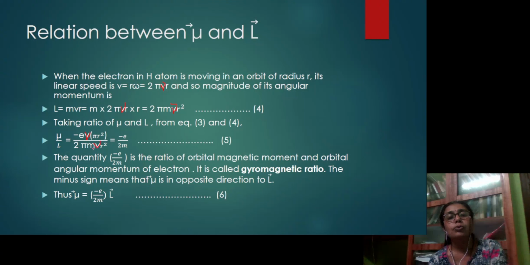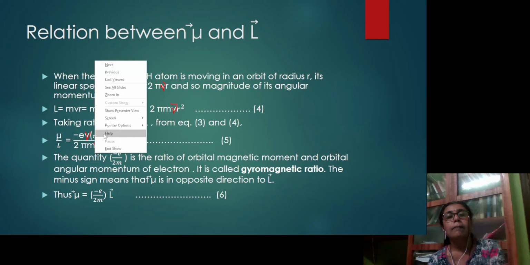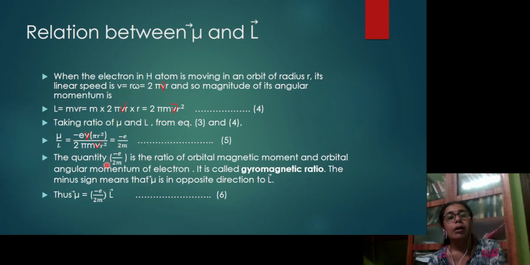So nu will get cancelled, r square will get cancelled, pi will get cancelled. What you have is minus e divided by 2m. So the ratio of orbital magnetic moment to the orbital angular momentum magnitude is minus e divided by 2m.